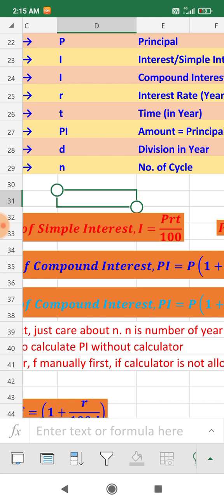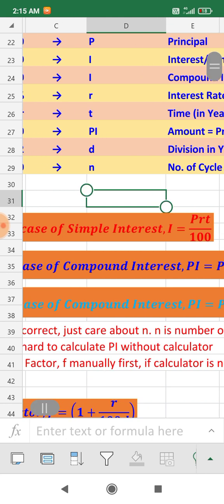So, after that certain time period, my principal amount has been changed. In case of simple interest, it does not change. Principal amount will remain constant throughout the whole time period.